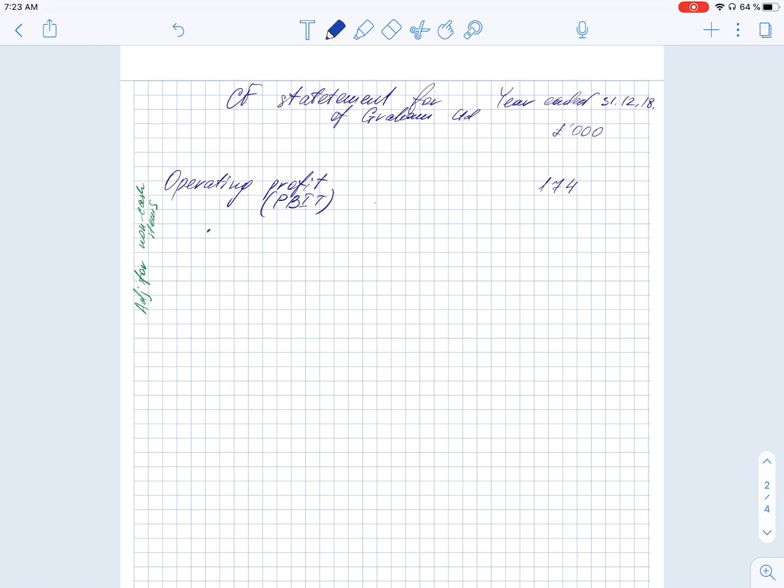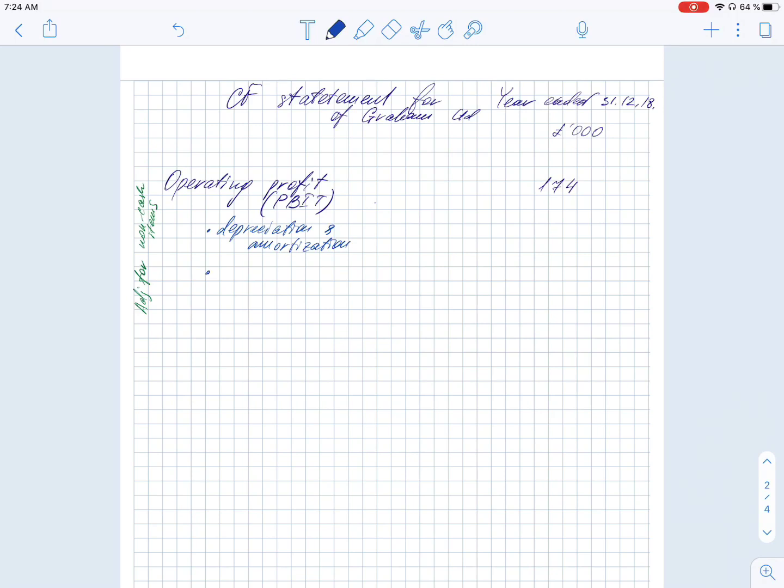That would be depreciation and amortization for the year. We do know that depreciation and amortization are expenses. It's like the expensing of long-term assets, but these are not cash expenses.